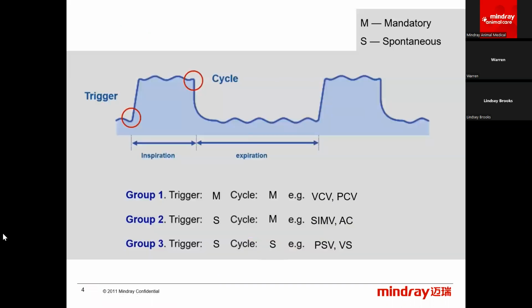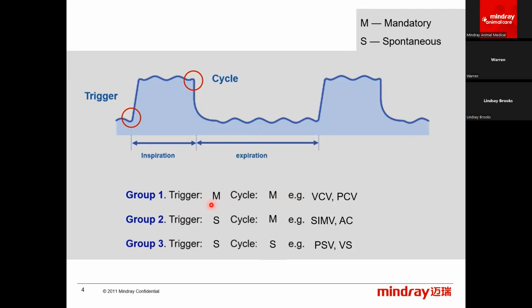So, a little bit of background on how the ventilators work. We have three different groups that represent different types of patient control versus machine control. In group one, our trigger, which is the beginning of our inspiratory period, is mandatory and our cycle is mandatory.